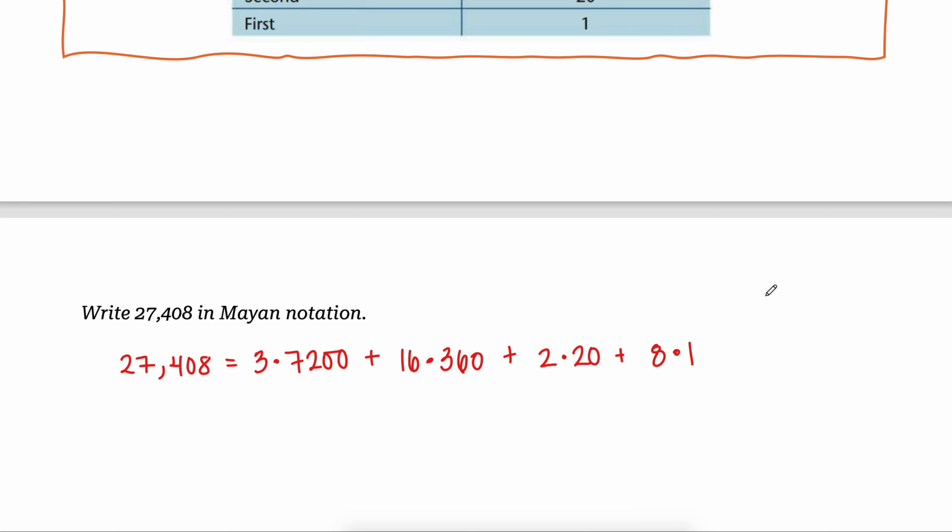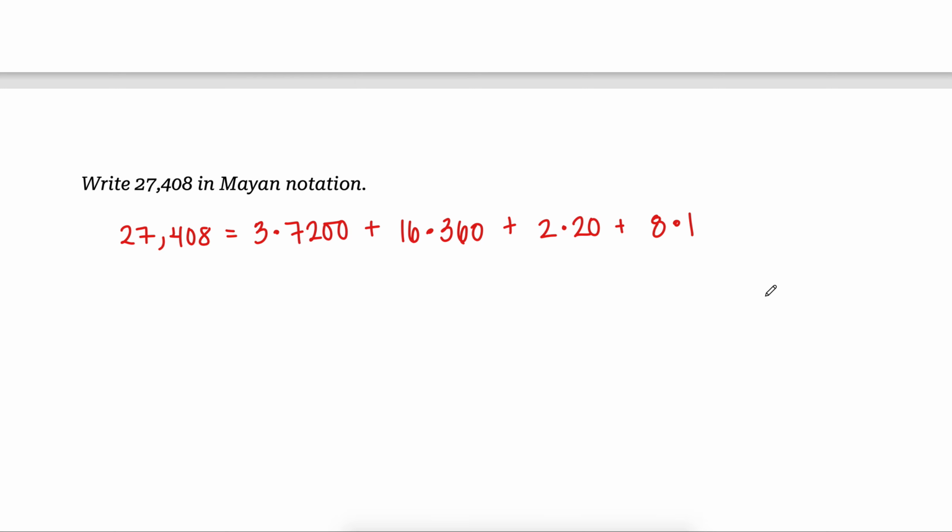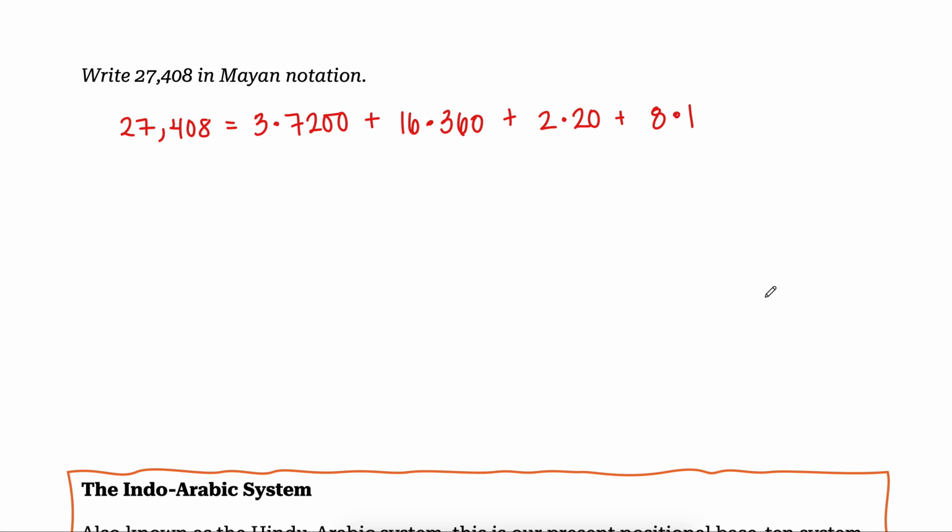So now we are going to represent this in Mayan notation. So this is going to build vertically. So I'm going to start on the bottom with my ones place. There's 8 of them. So it's 5, 6, 7, 8. Then the 20s place, there's 2. So I'm going to leave some space and then do a 2.